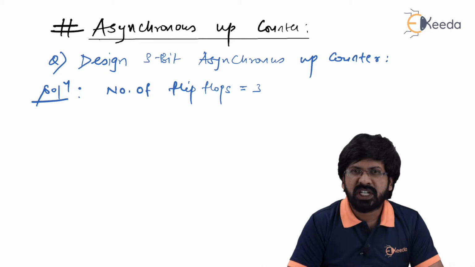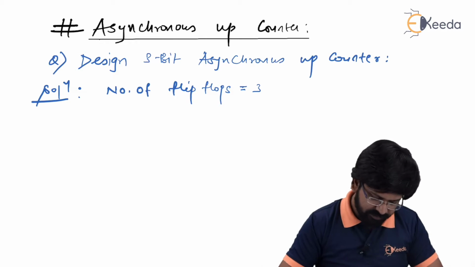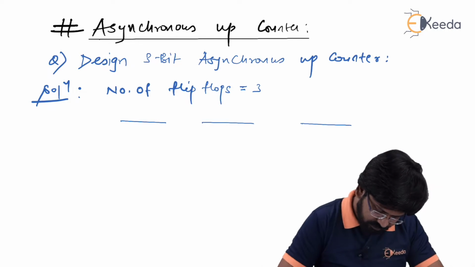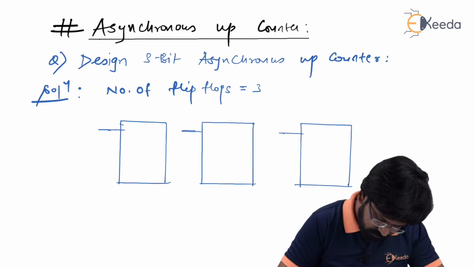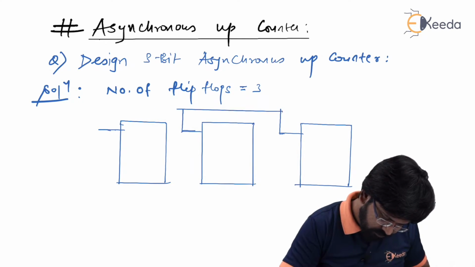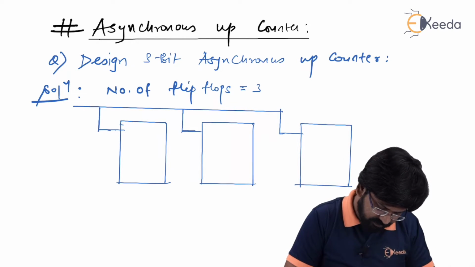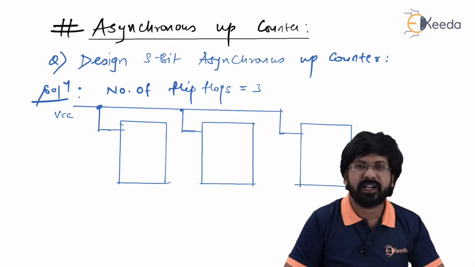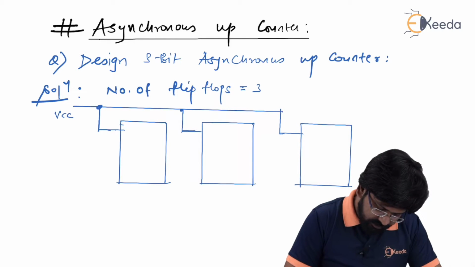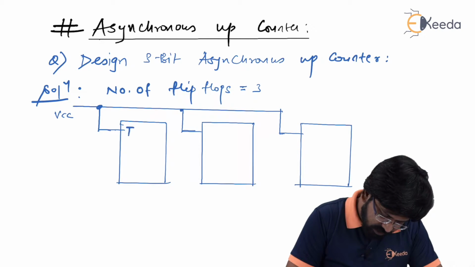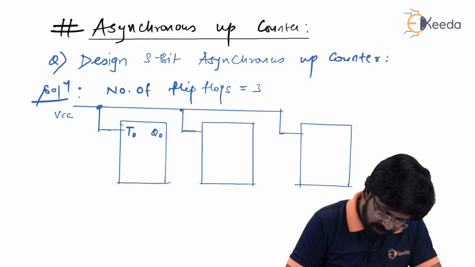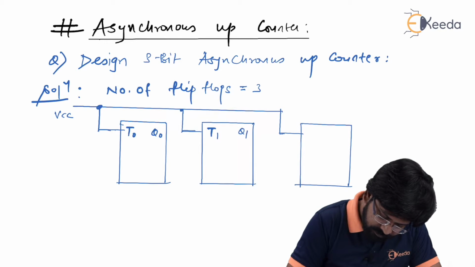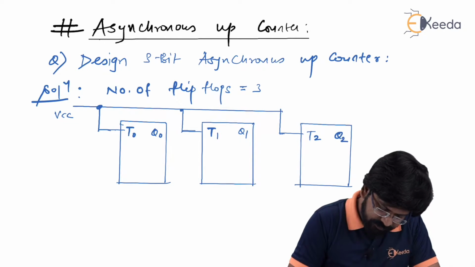Let's use T flip-flops, so all the T inputs will be shorted together and connected to 1, that is, to VCC. Let us assume this is flip-flop number 0. So T0 and Q0 are input and output respectively, and likewise T1, Q1 and T2, Q2.